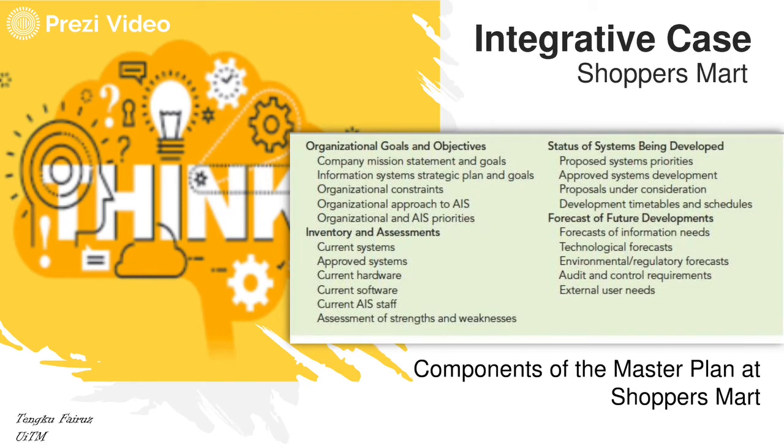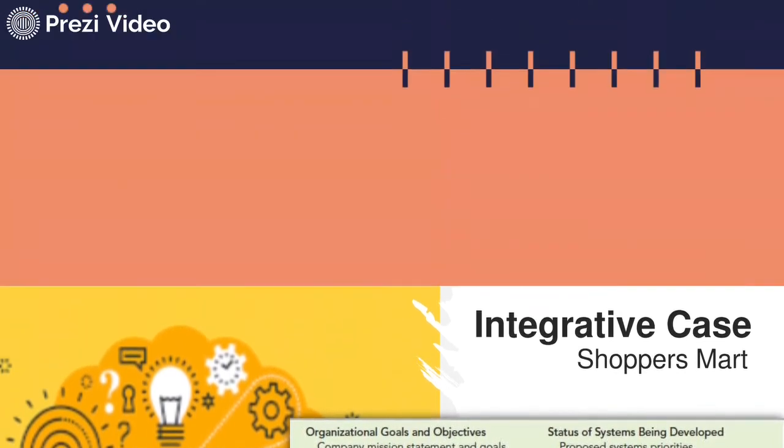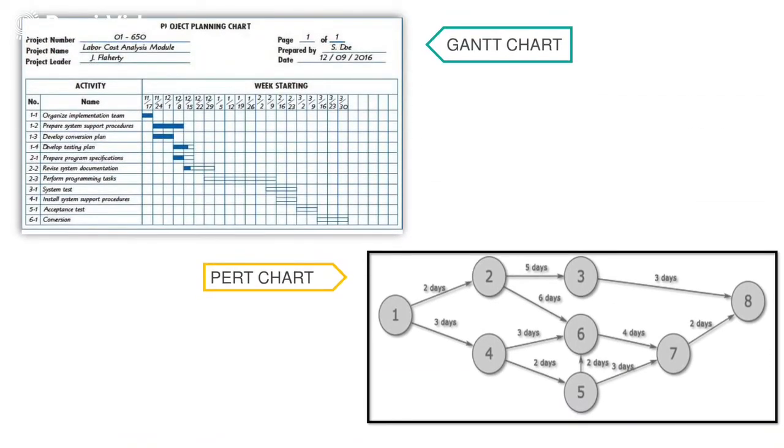Okay, and then in the planning stage here, in your text they also discuss these two planning techniques, the PERT chart and the Gantt chart.